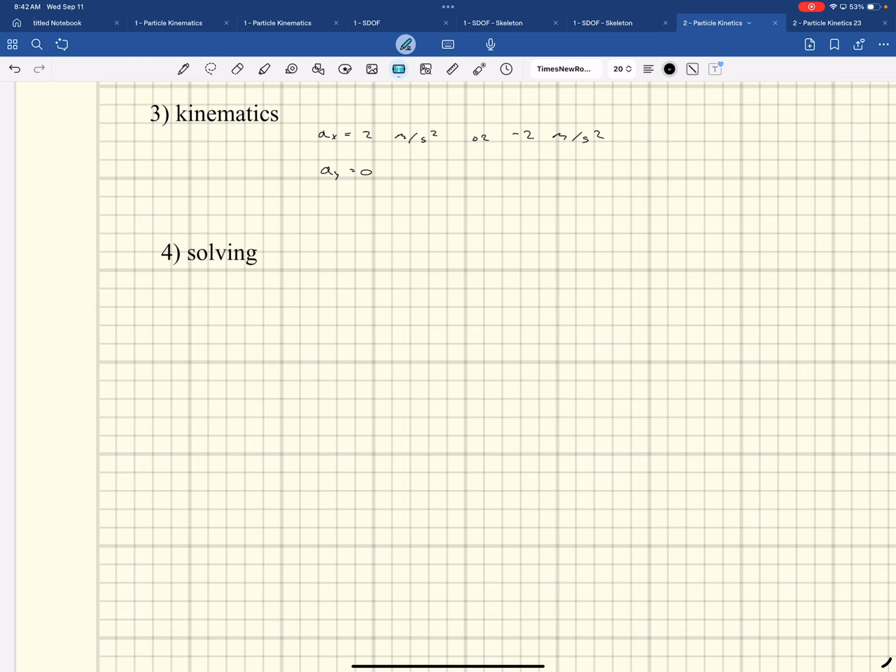Okay, and then for solving, we'd have two cases as was mentioned, right? One, we do P minus mg sine 20 minus P sine 20 is equal to mass times 2.